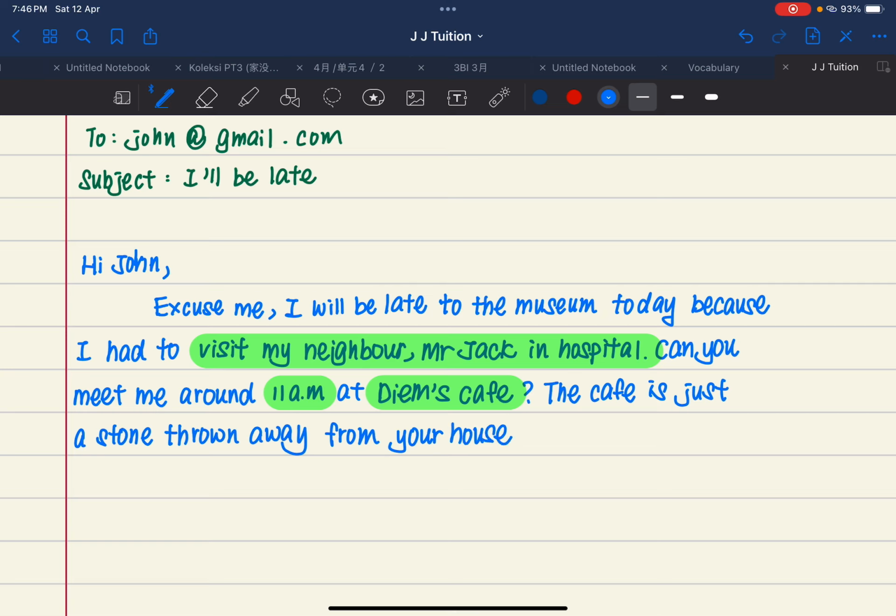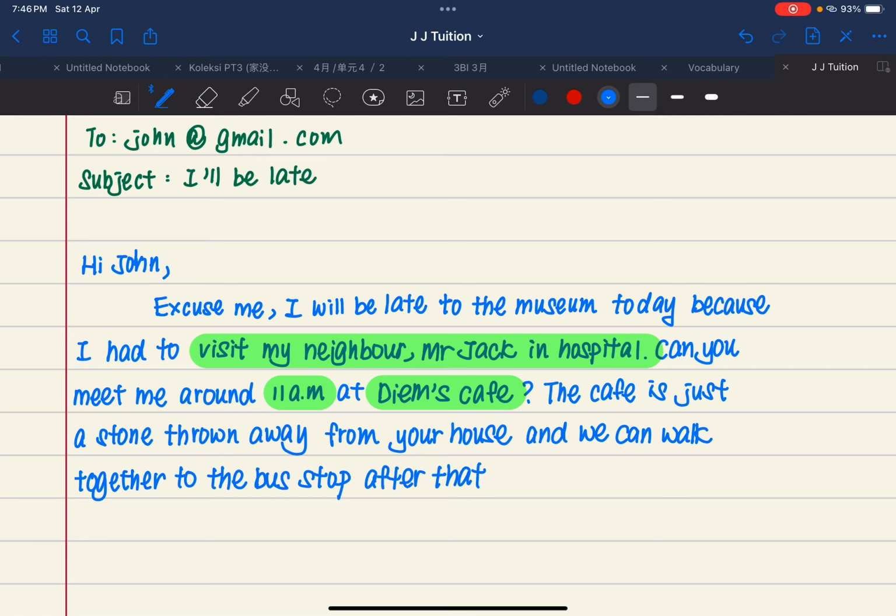Then we can write down more, give some elaborations. For example, how are you going to go? For example, we take a bus, so we can write down and we can walk together to the bus stop to take the bus. Just a simple and quick email practice.